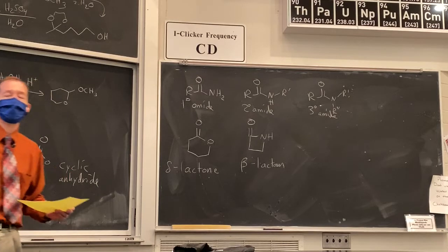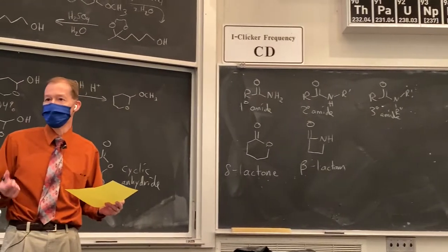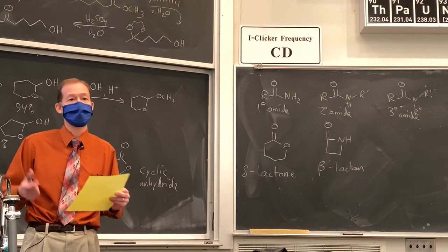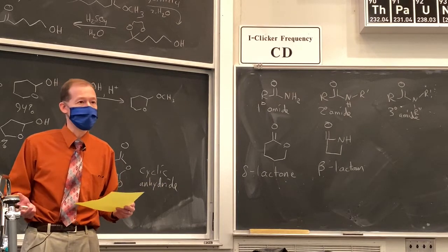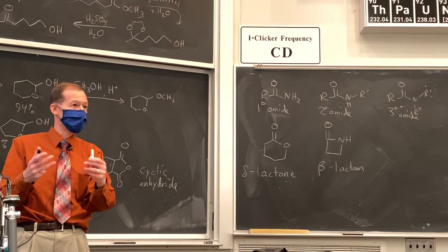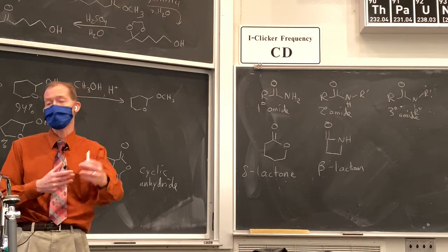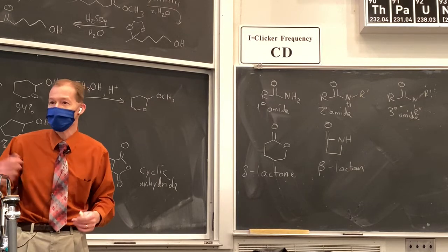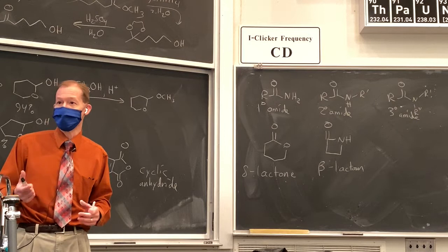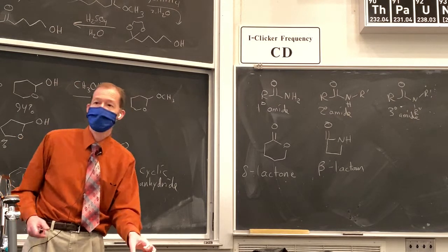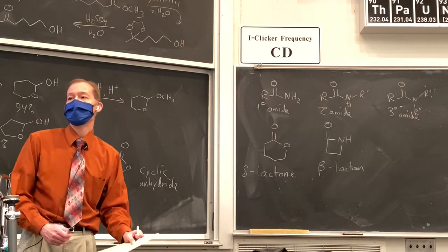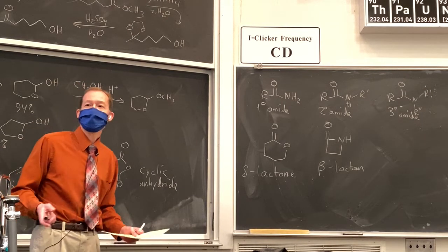Penicillin is the most famous, most prominent member of a class of compounds known as the beta lactam antibiotics. So there's a class of antibiotics that contain this four-membered cyclic amide, and that four-membered cyclic amide is critical to its mode of action. We'll talk about that later on, about how that four-membered ring allows penicillin and other antibiotics to kill bacteria. Okay? So a little bit of vocabulary describing the compounds in this chapter.